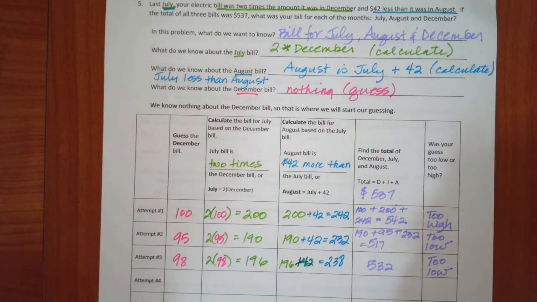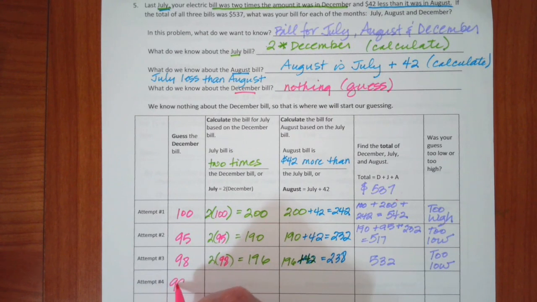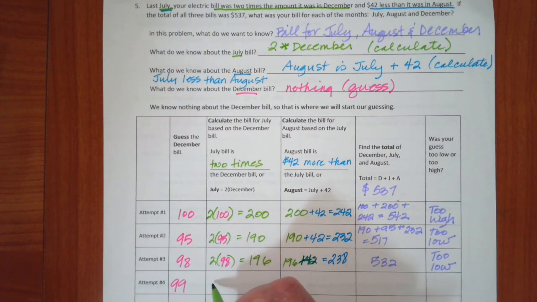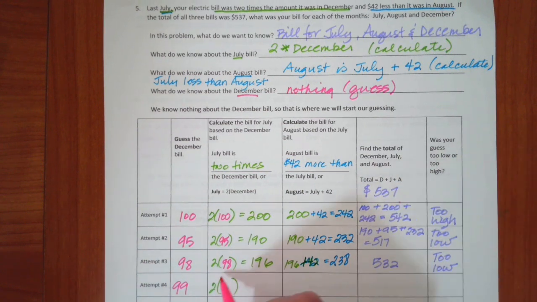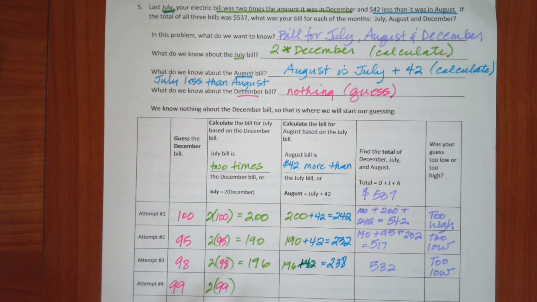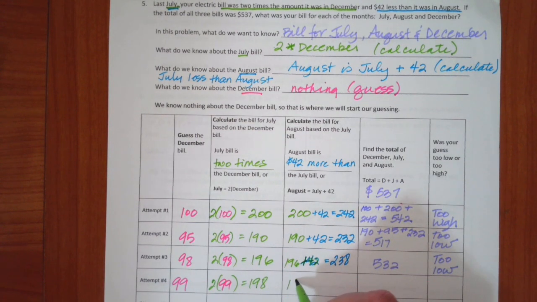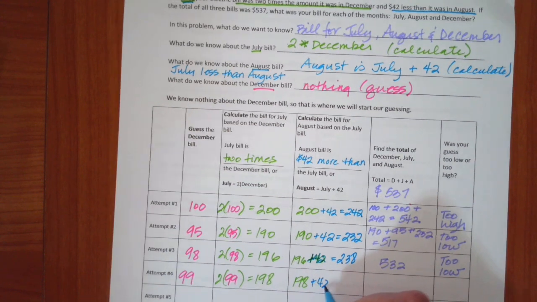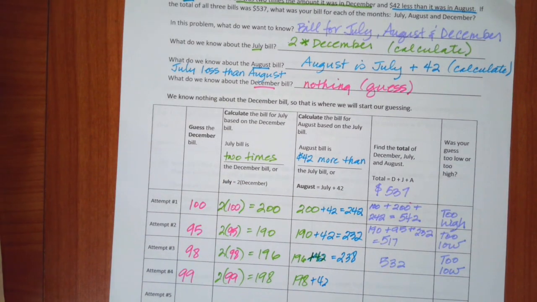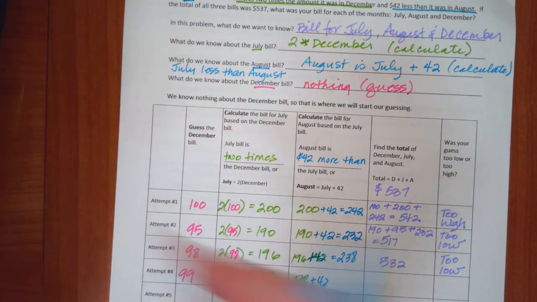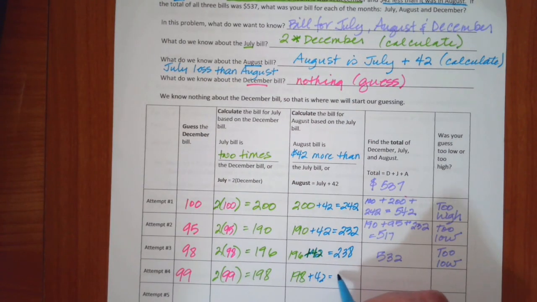Well, the only place to go now is 99. So if I have 2 times 99, that gives me 198. And then if I have 198 plus 42, that gives me 240.